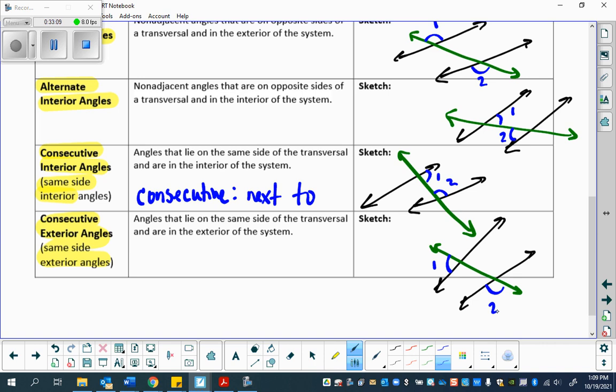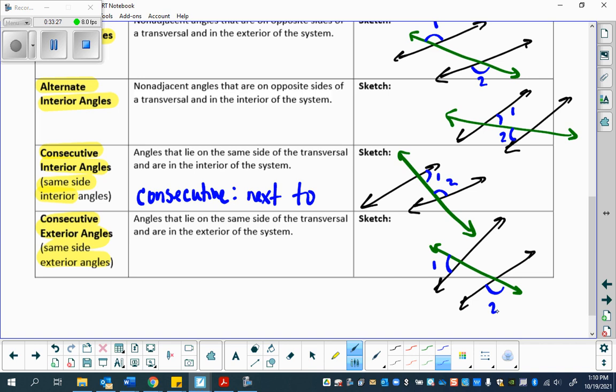All right. So while you're catching up on your drawings, here we have one line, here we have a second line, and here we have a transversal.